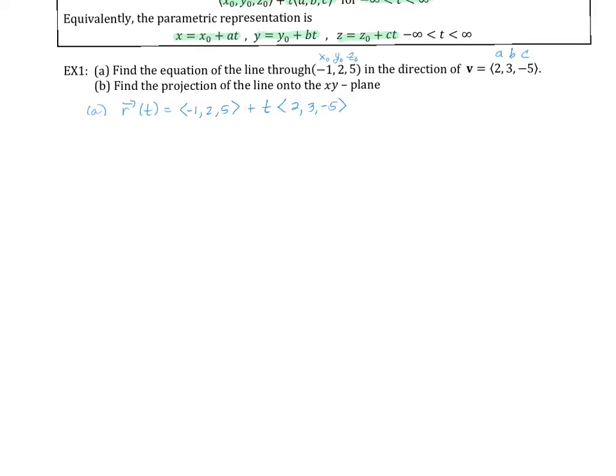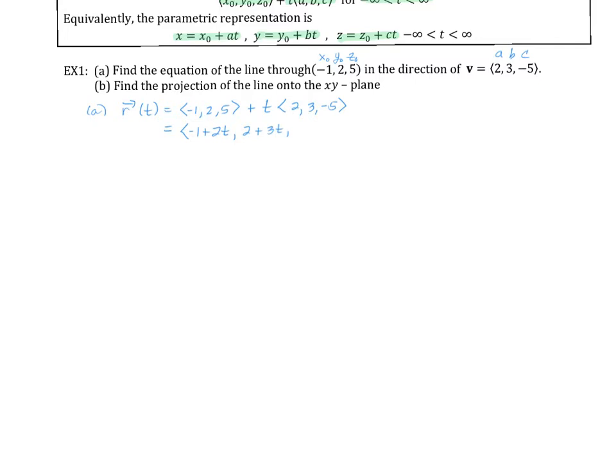But normally we don't leave it this way. We would distribute the t, and then we would add these two vectors together. So it's going to be negative 1 plus 2t. That would be the first component. And then 2 plus 3t would be the next component in my vector.